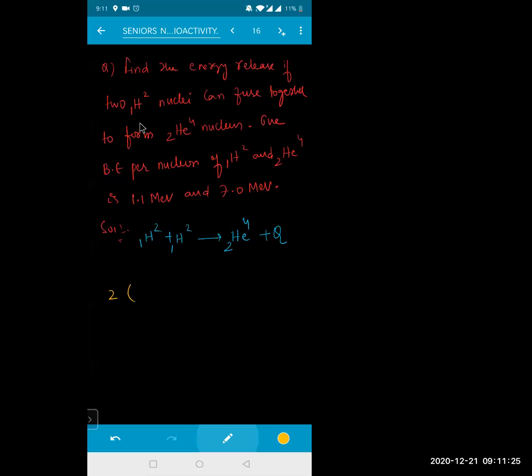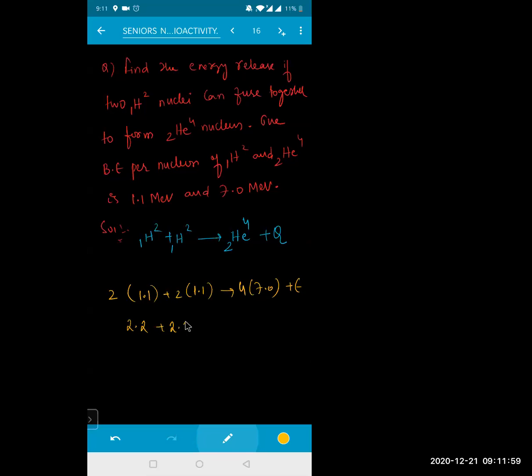The binding energy per nucleon of 1H2 and 2He4 is 1.1 MeV and 7.0 MeV. That means this one is 2 into 1.1 plus this one is 2 into 1.1. That will be equal to 4 into the binding energy, 7.0, plus a certain amount of energy released.